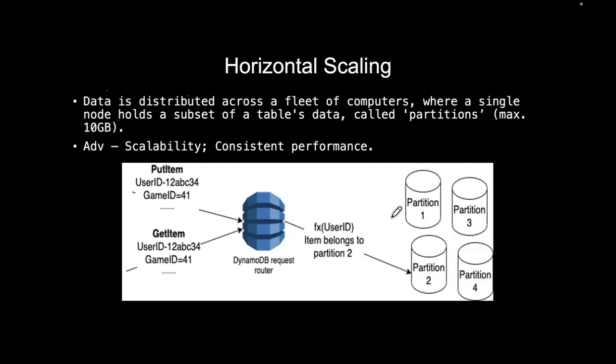That tells it which of the partitions, and these are really just nodes in a network, it should send the request to. So DynamoDB is actually running on each of these partitions, and it will receive a request to get a particular item from a particular table with a primary key value, where the primary key in this case is a combination of partition key and sort key.